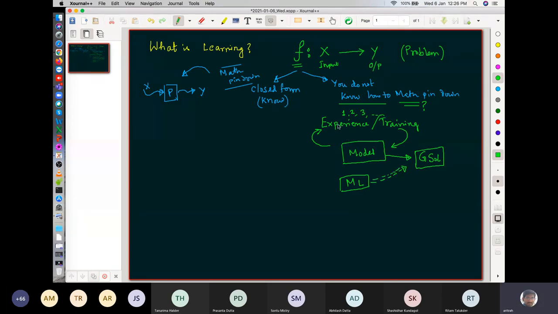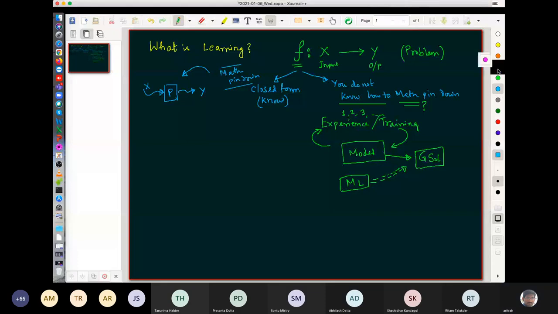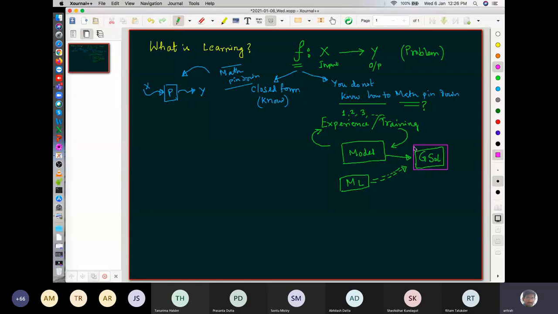So it means that I had a set of training examples, and through some algorithm I train in such a way that I finally come up with a model of the program itself, not directly writing the program in the other sense, but I come up with a certain algorithmic form of the program.